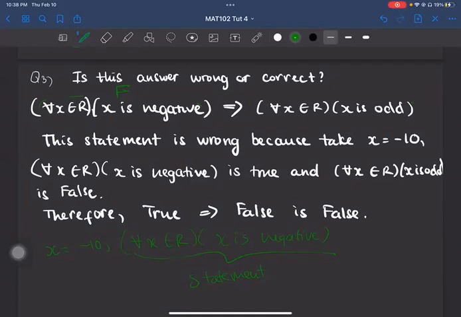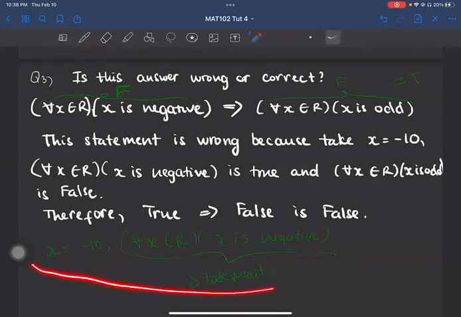They are all real numbers. So the statement here is false. And of course, this statement is also false because not every real number is an odd number. So the implication here should be true, and it is vacuously true.